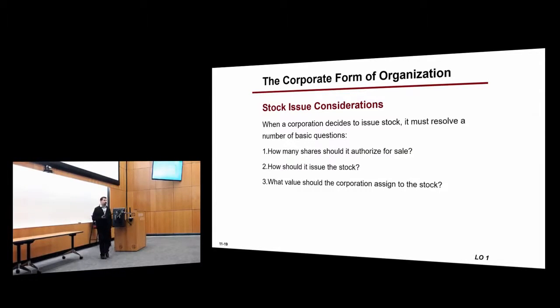Now, stock issue considerations. When a corporation decides to issue stocks, they have to take into consideration several things. First of all, how many stocks are they going to authorize to issue?